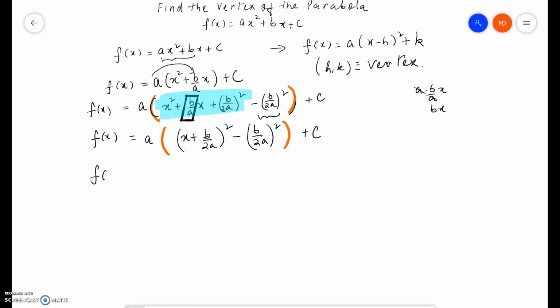So f of x is equal to, now we distribute the a, so we're just completing squares here and then putting the equation in the standard form, so that's why we distribute the a.